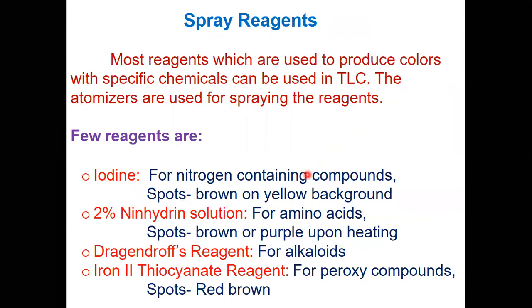Iodine is used as the spraying reagent for nitrogen-containing compounds, and spots appear brown on a yellow background. A 2% ninhydrin solution is used for the detection of amino acids. Dragendorff's reagent is used for alkaloids, and iron thiocyanate reagent is used for peroxy compounds.